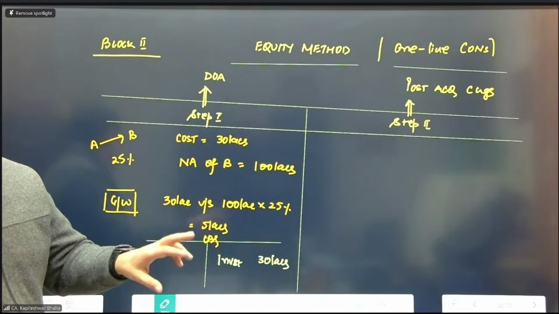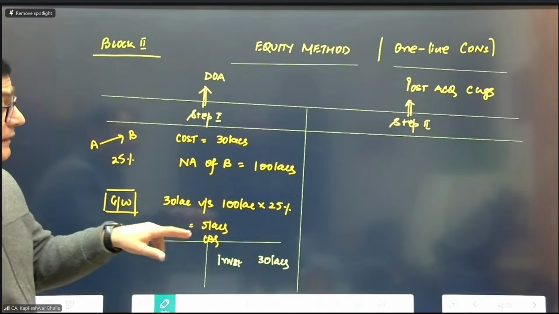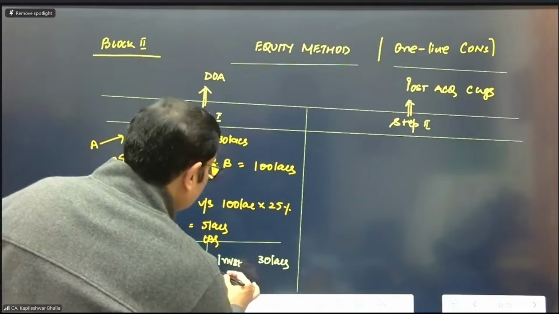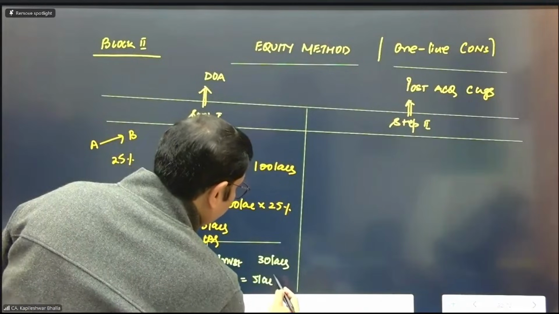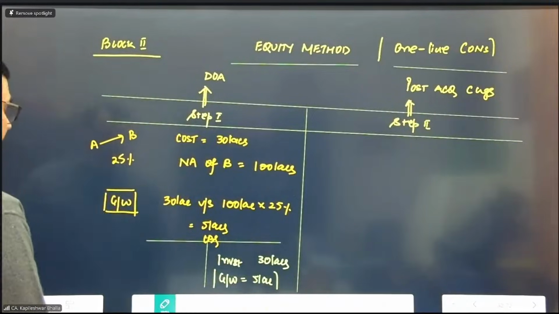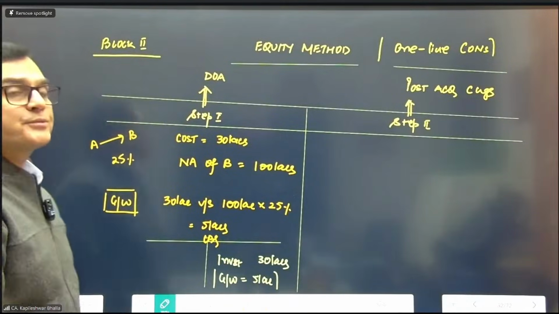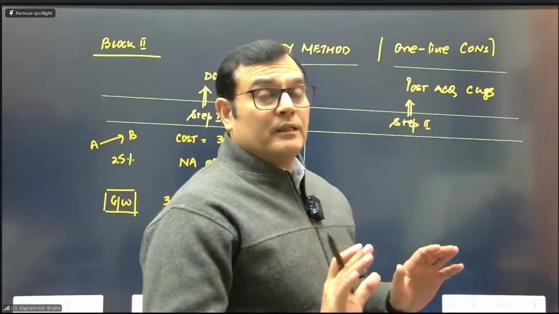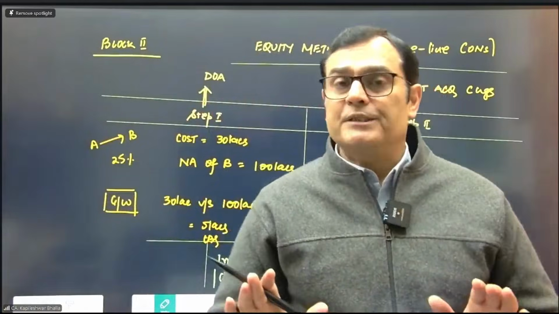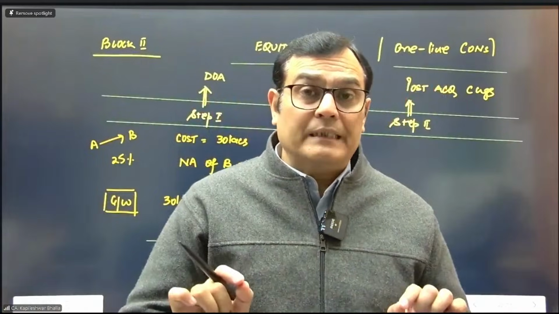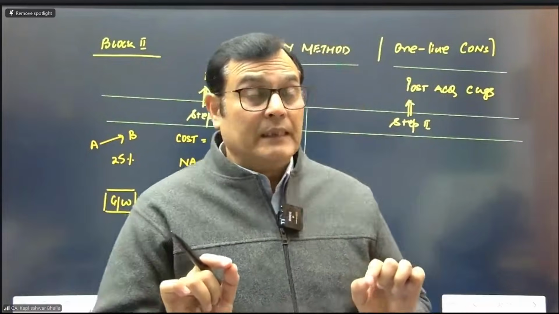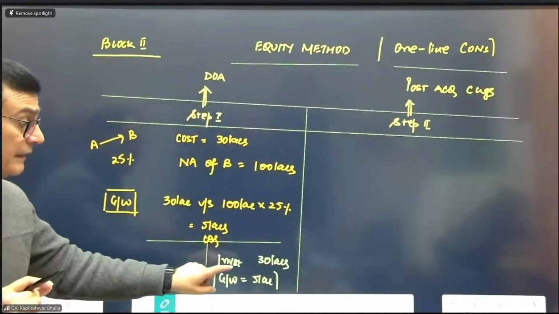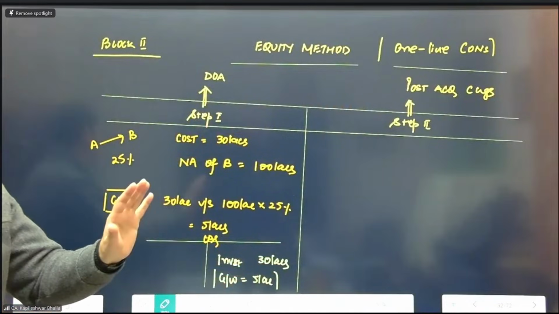In the separate and in the consolidated financials, it'll appear at 30 lakhs. In the brackets, you will disclose that there is a goodwill to the extent of 5 lakhs. The goodwill does not appear as a separate line item. The goodwill is going to appear as a part of the carrying amount of the investment. This 5 lakh rupees will appear as a part of the carrying value of the investment.